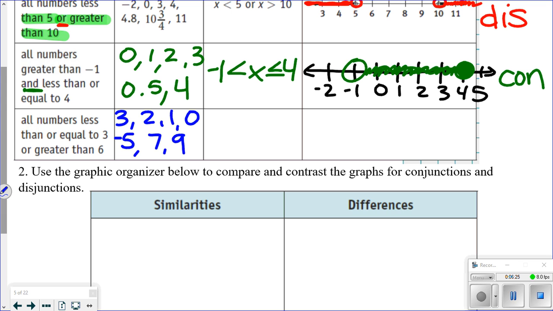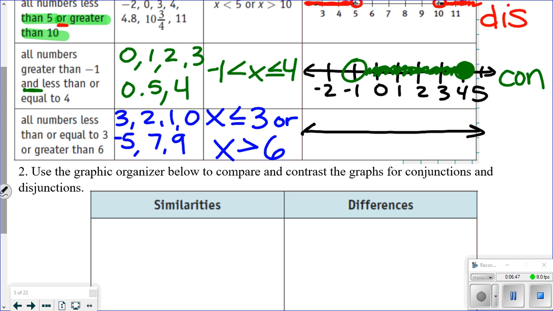Perfect. So all numbers, x, less than or equal to 3, or, make sure you write the word or, all numbers, so x greater than 6. Let's graph this.